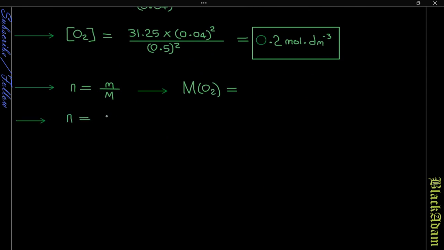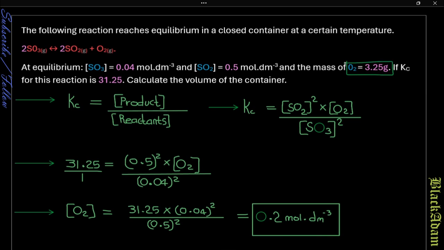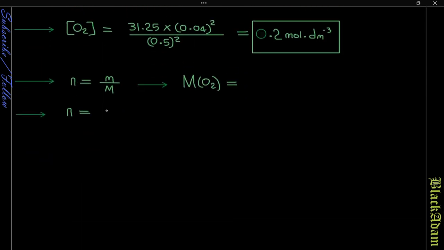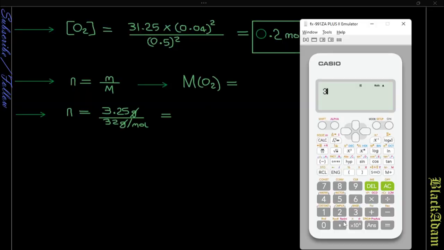And then we have the given mass, that's 3.25 gram. So what we're going to do, we're going to say 3.25 gram over 32 gram per mole, and then the gram cancels, and we have the answer, which is 3.25 divided by 32 is 0.10156.